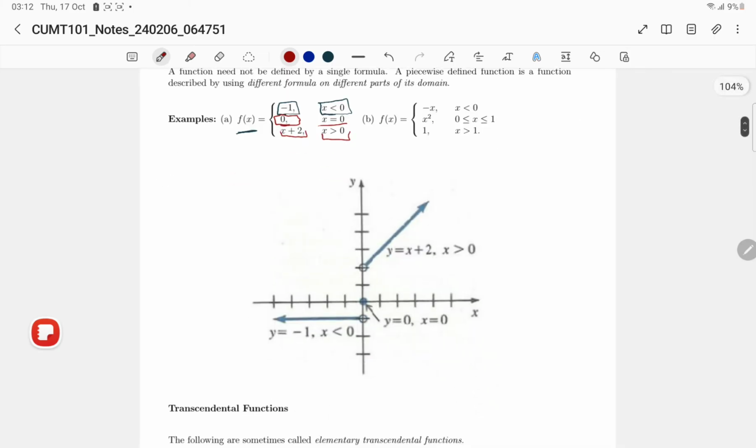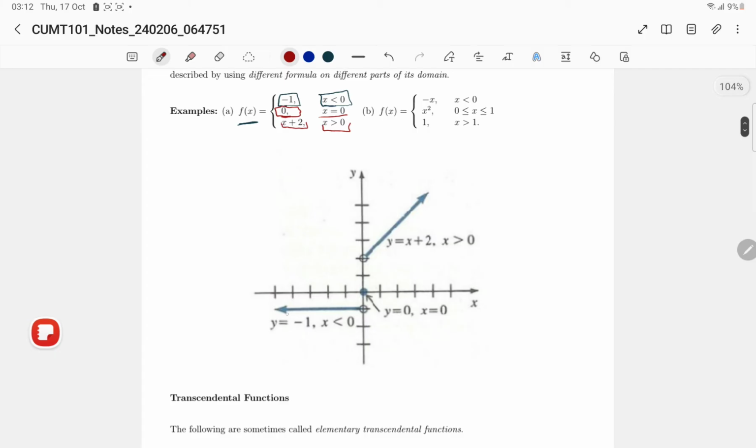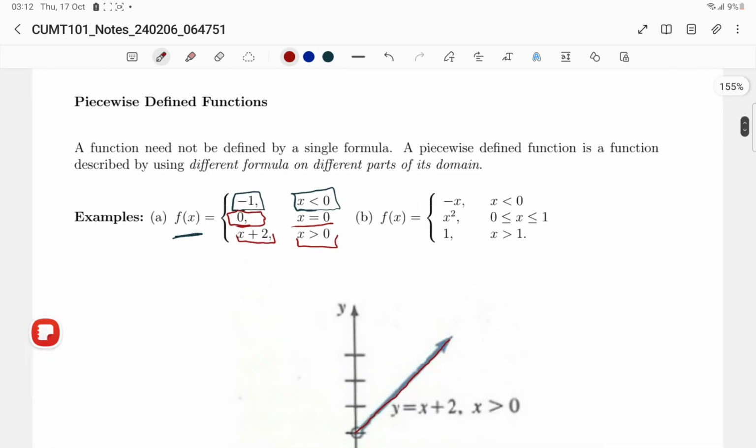If we sketch that function, you can see that it is minus 1 when x is less than 0, and it is just a dot here. It is equal to 0 when x is equal to 0, and it is equal to x plus 2 when x is greater than 0. So that is a piecewise defined function.